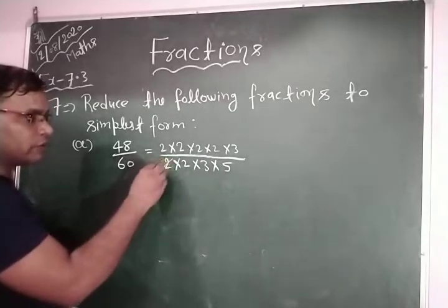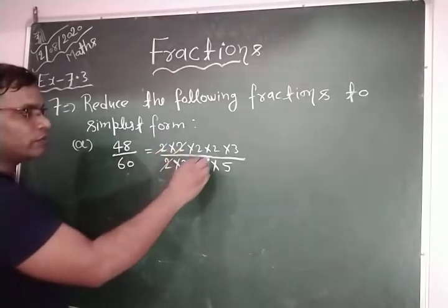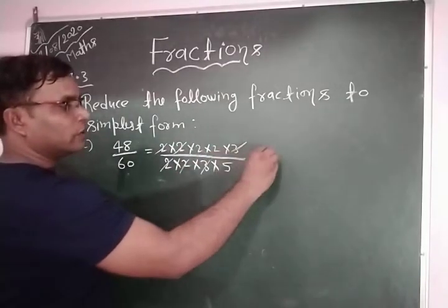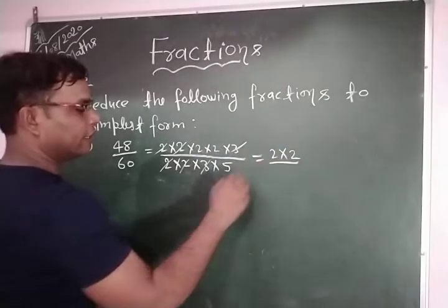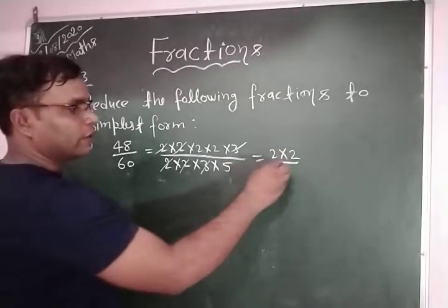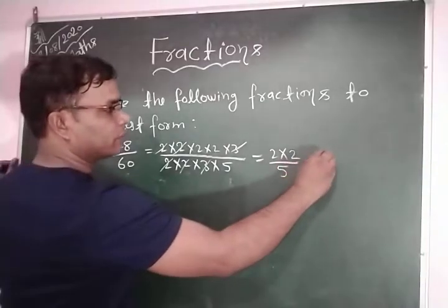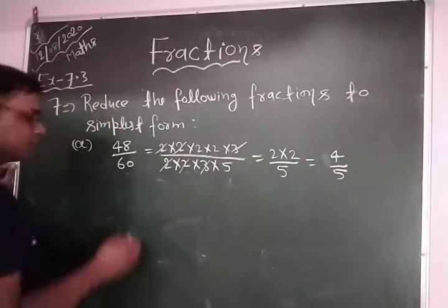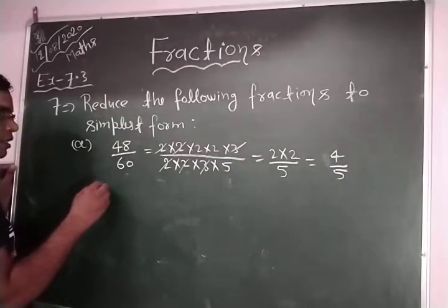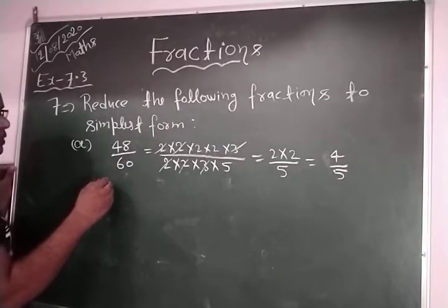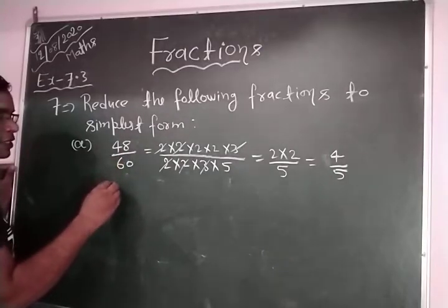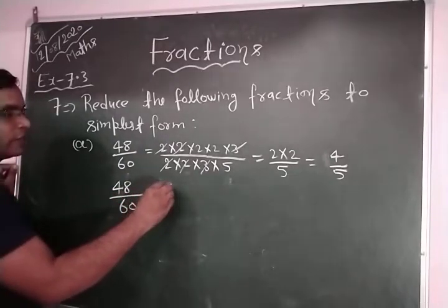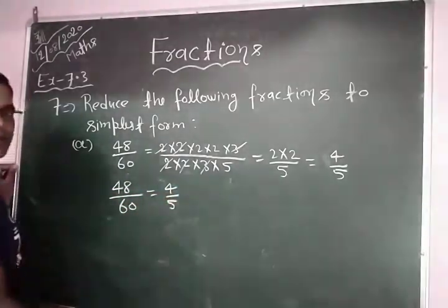So you can cancel the common factors. We have here 2 into 2 left, and in the denominator 5. This is equal to 2 into 2, 4 by 5. So the simplest form of 48 by 60 is equal to 4 by 5.